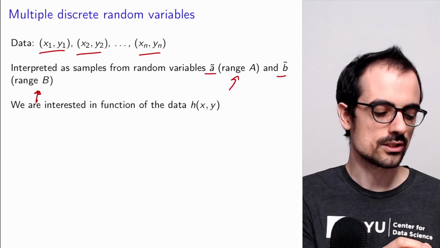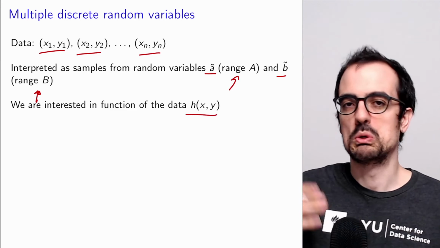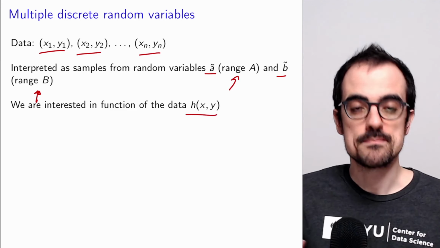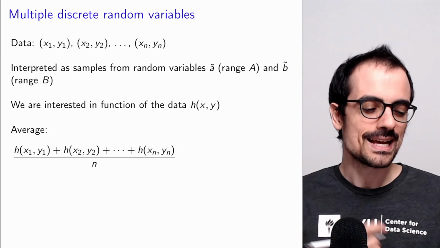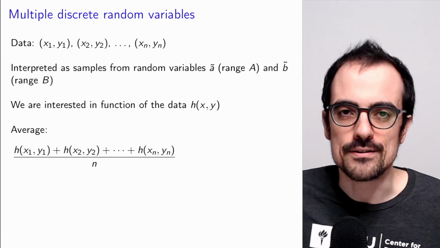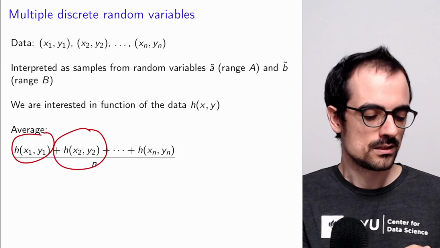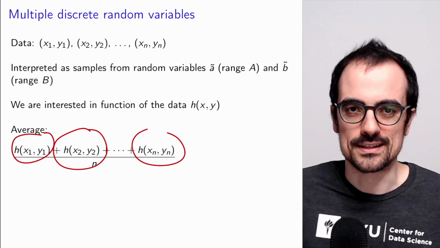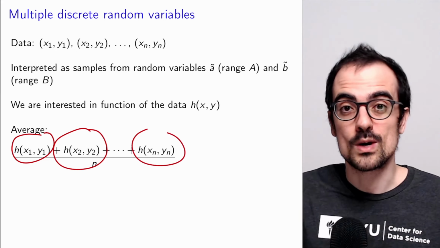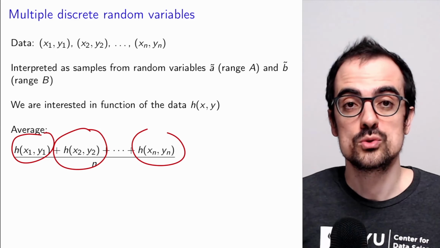We're interested in a certain function of the data, maybe the sum x plus y, or some other function, and we want the average of that function. Just from the data points, it's very easy to do this. We just apply the function to each pair, sum them all up, and divide by the number of pairs. We're done here.